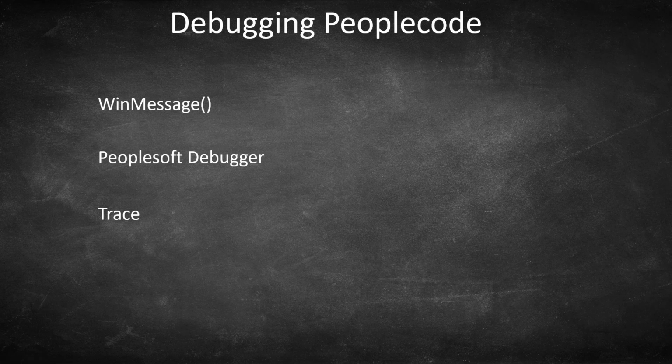The second method is to use the PeopleSoft debugger. The PeopleCode debugger is one of the tools provided by the PeopleSoft system, and like how the debugger tool works in other programming languages, we have the same concepts available here, where you as a developer can simulate or navigate through your PeopleCode program.